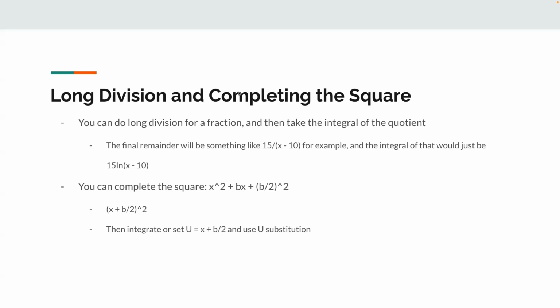So if we add a value to get the final term (b over 2) squared, we have to subtract it outside the square to make sure the net value added is 0. So then we'll have (x plus b over 2) squared. And then we can either integrate from there, or we can do u-sub. We can set u equal to x plus b over 2 and use substitution. Either way, that'll make finding the integral much easier.